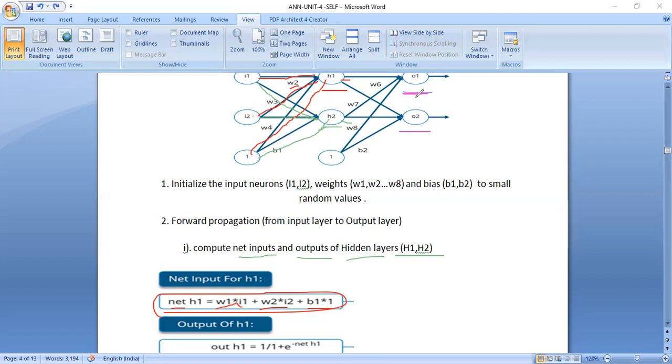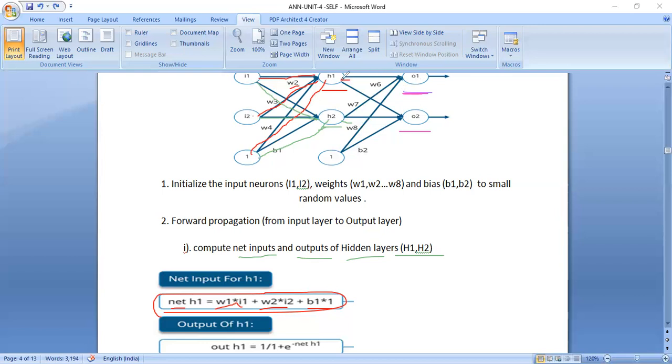Okay, first of all, we should perform the calculation at O1. So O1 in the sense net input of O1, and output of O1. Then again net input of O2, output of O2. So what is the net input of O1?